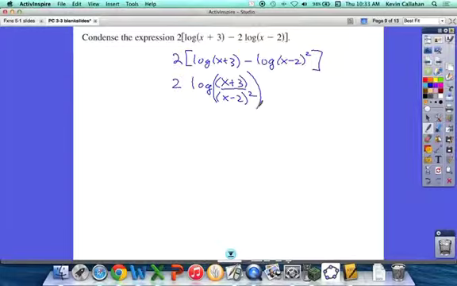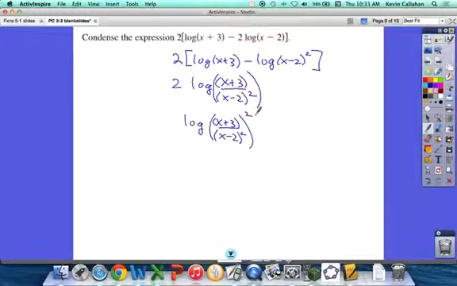Okay, now, is there anything else to do? Take that 2 as a coefficient and move it inside as a power. So that'll become the log, this is base 10, I guess, of x plus 3 over x minus 2 squared, all of that raised to the second power.